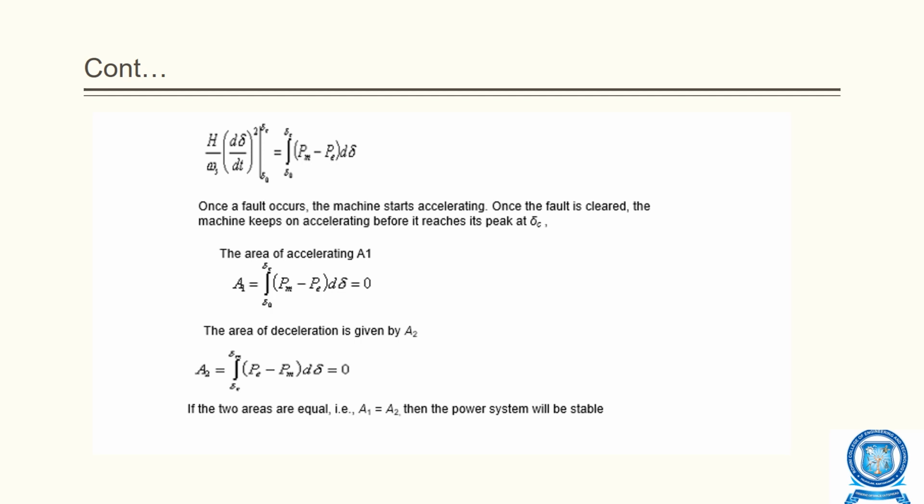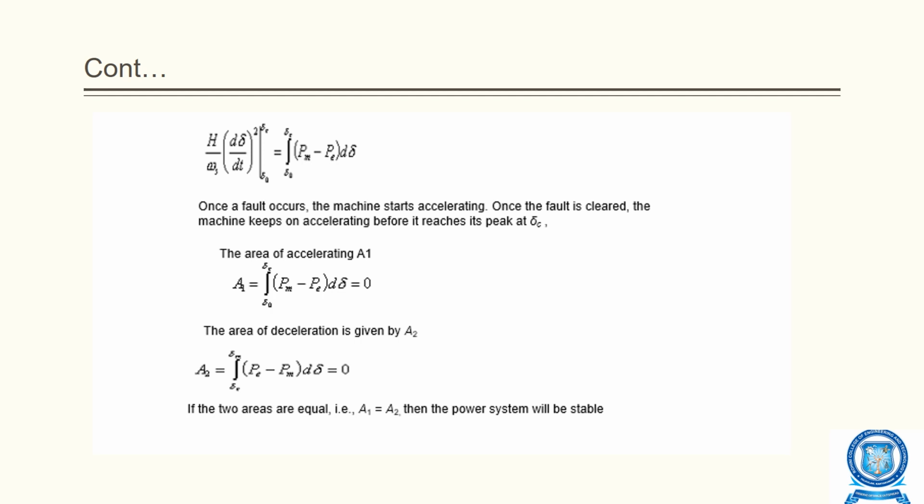Once a fault occurs, the machine starts accelerating. Once the fault is cleared, the machine keeps on accelerating before it reaches the peak value delta c. Now the area of acceleration is taken as A1, the first area. That is A1 is equal to the integral from delta naught to delta c of (Pm minus Pe) d delta, which is equal to 0. The area of deceleration, the second area, A2 is equal to the integral from delta c to delta m, the second maximum value, of (Pe minus Pm) d delta, which is equal to 0.